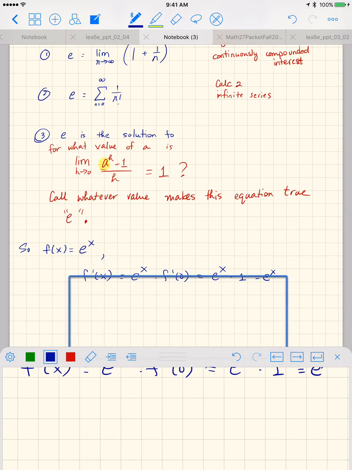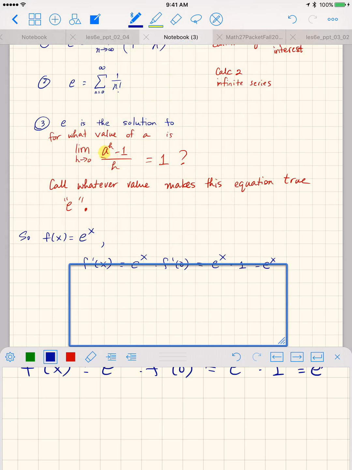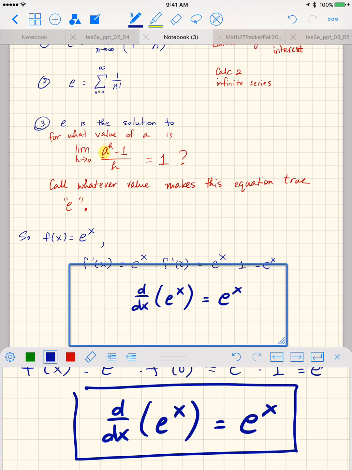So here's the bottom line. Let me go to a big marker here. The bottom line is that the derivative with respect to x of e to the x is just equal to e to the x. Okay?